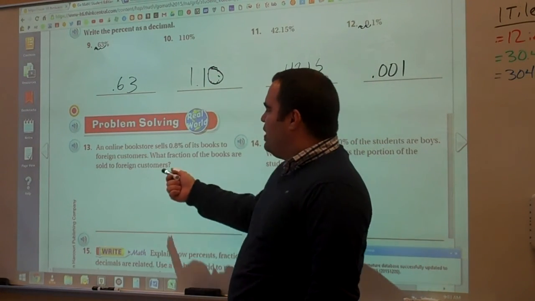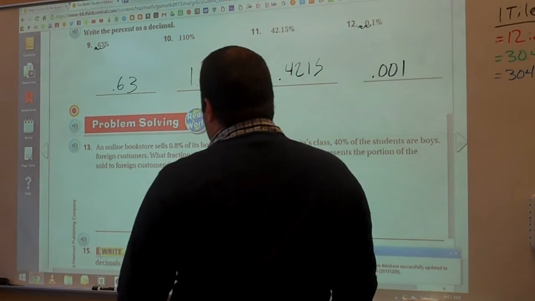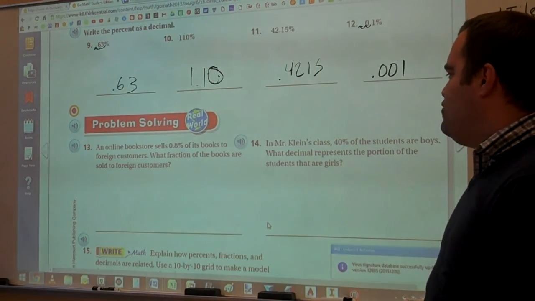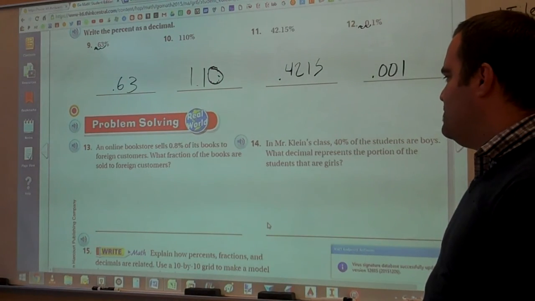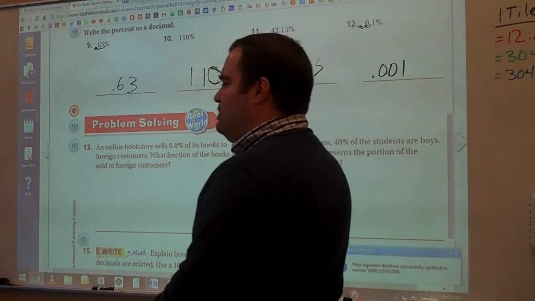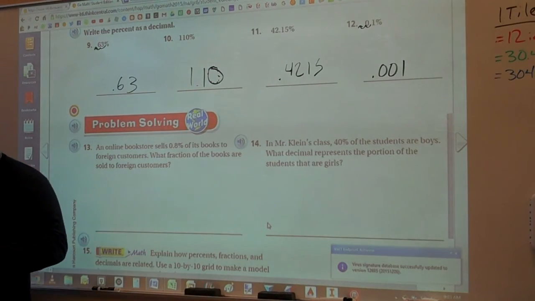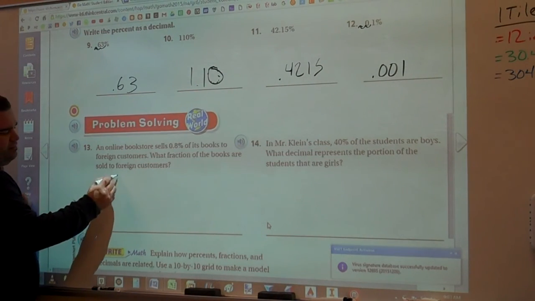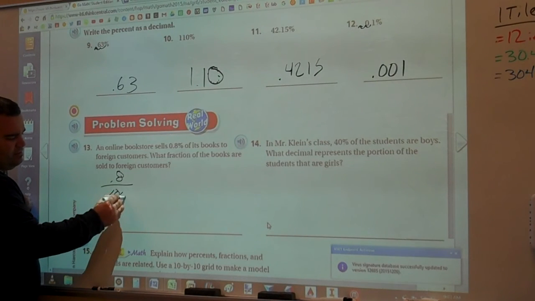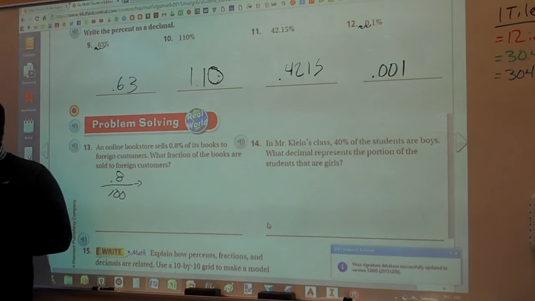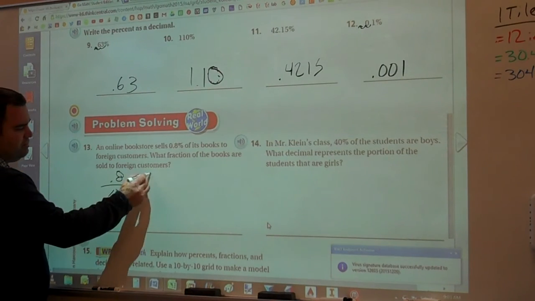An online bookstore sells 0.8% of its books to foreign customers. What fraction of the books are sold to foreign customers? That becomes 0.8 over 100, which then goes to 8 over 1,000.